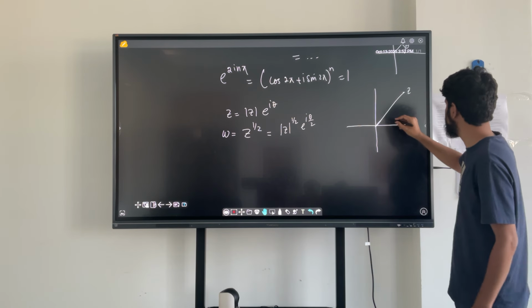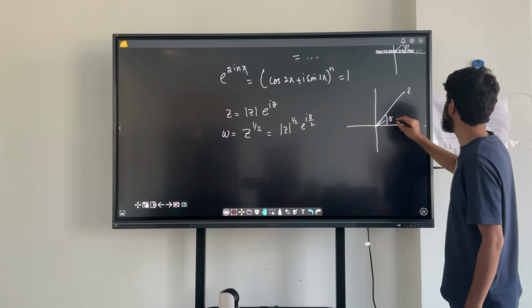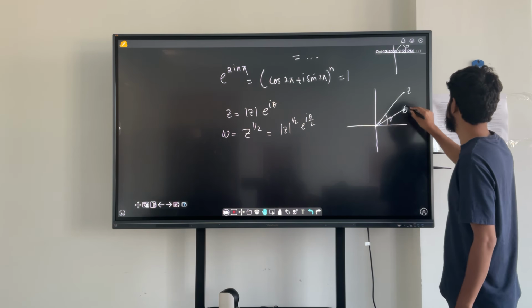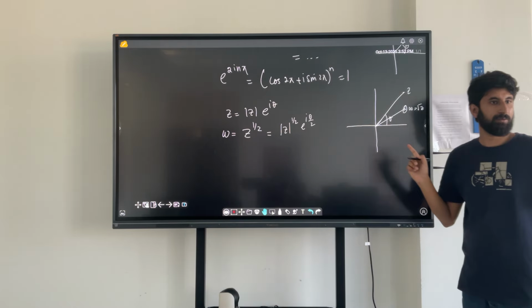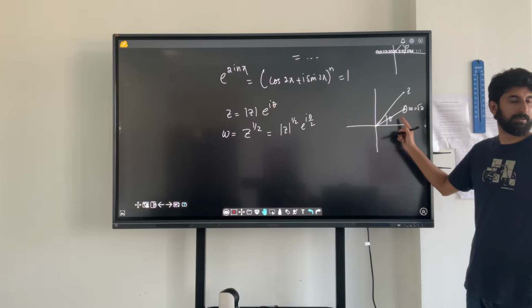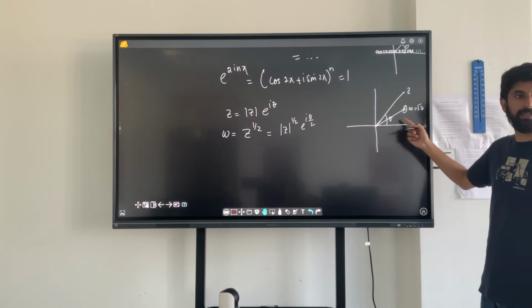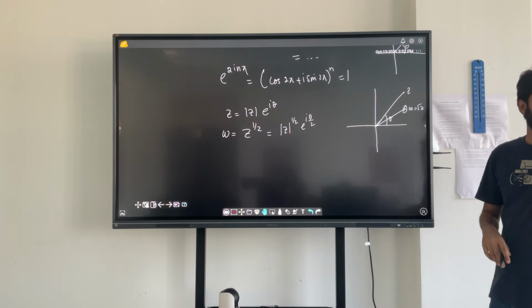If this is θ, then θ by 2 is somewhere here. This is w, which is basically the square root of z. When you square this complex number, you will get what?